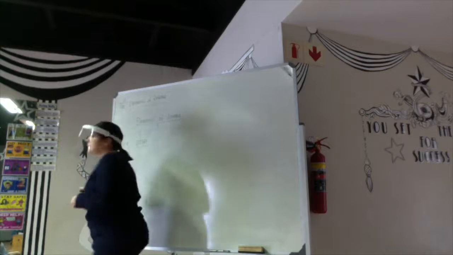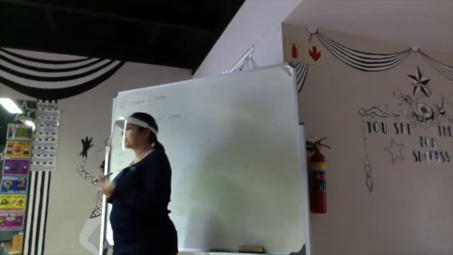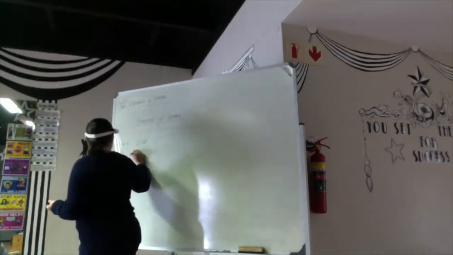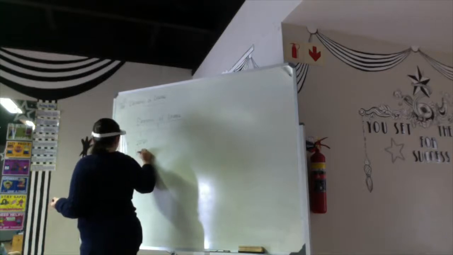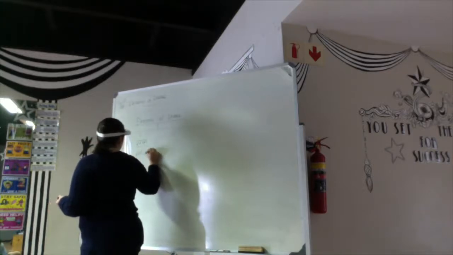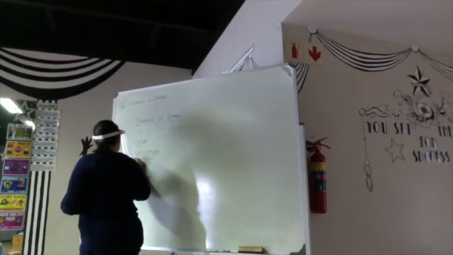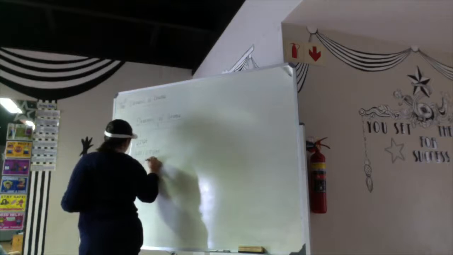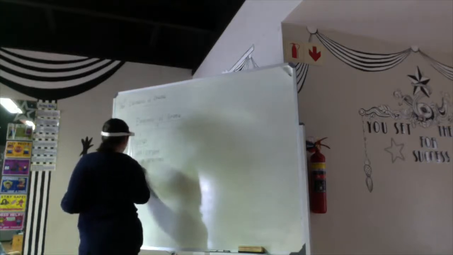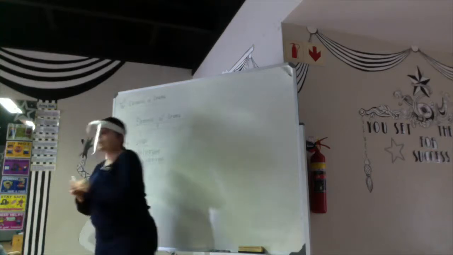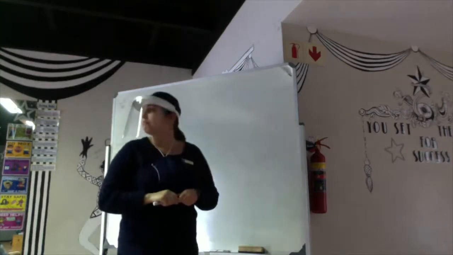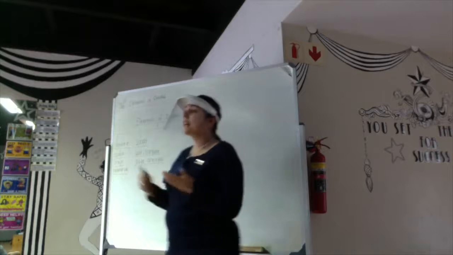Our next branch of the elements of drama will be our script. And our script is very simple. It is our storyline or our plot. It is our stage directions. Anything else in the script? It's the actor's lines.